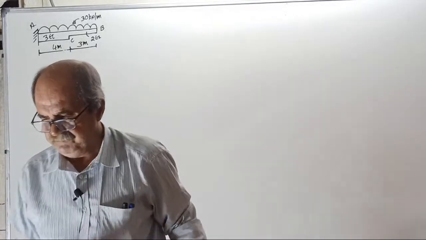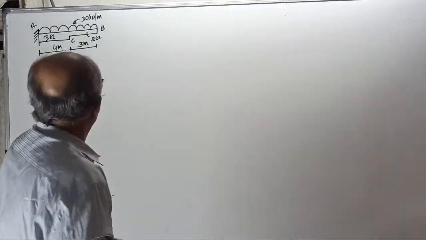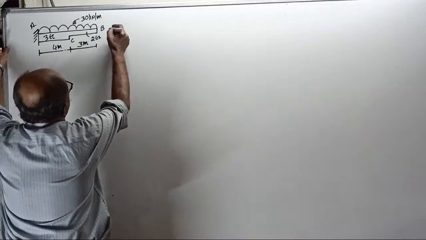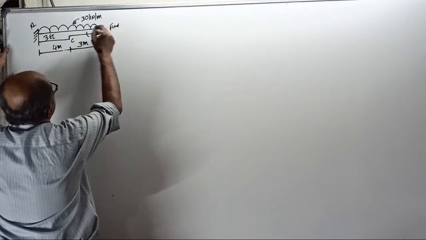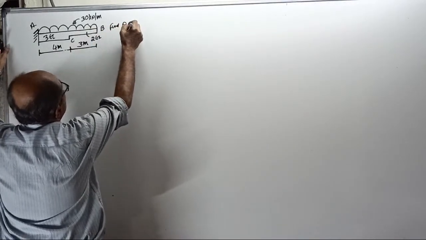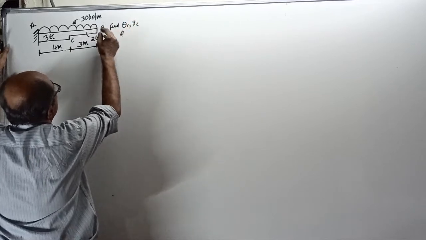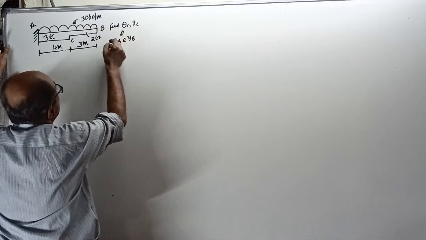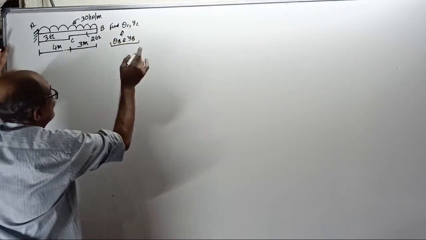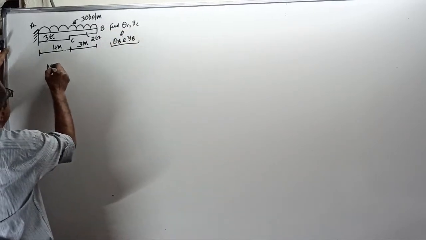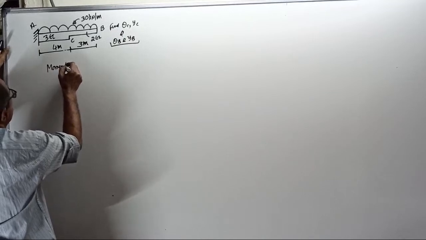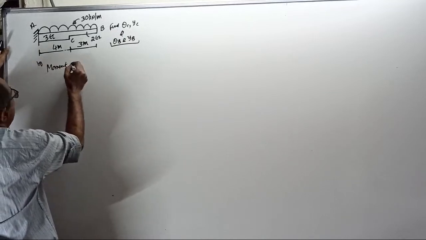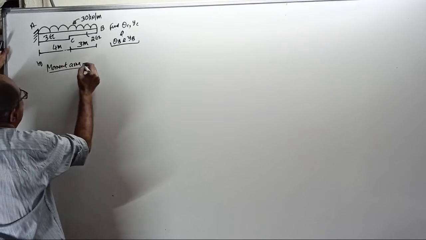Okay, now see. Here also the question is, so I will write here, find what is required: slope at C, deflection at C, and slope at B and deflection at B. Remember, these are the maximum values. Start. First, use the moment area method.